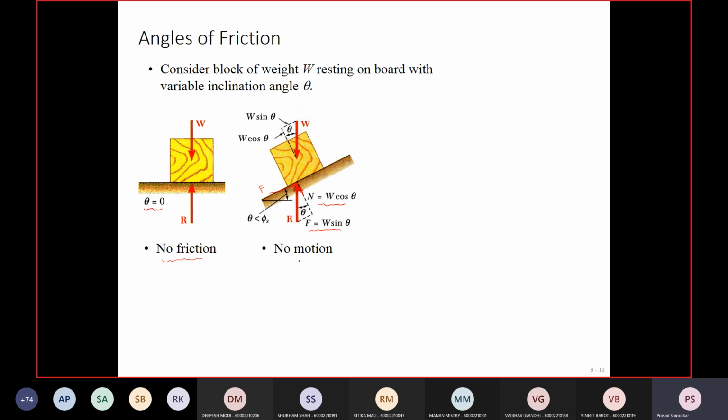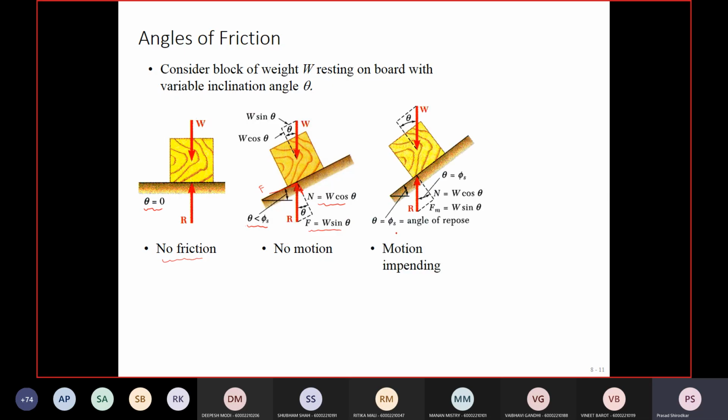And there is again no motion. Now if I increase the angle, in this case theta is less than phi static. The moment I make theta equal to phi static, that is the angle of repose, the motion is in the impending condition.